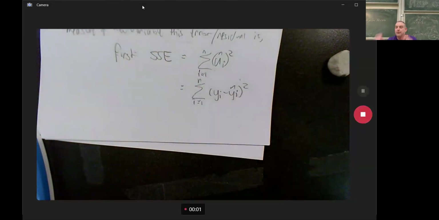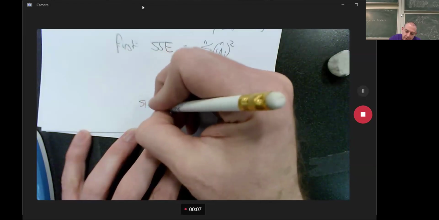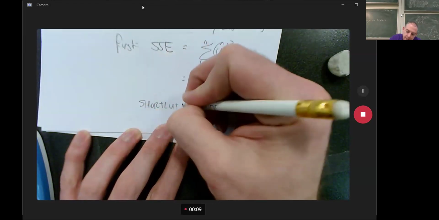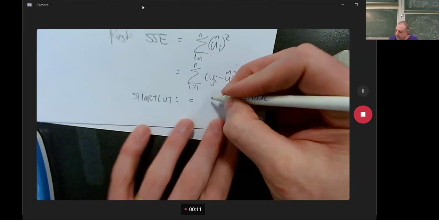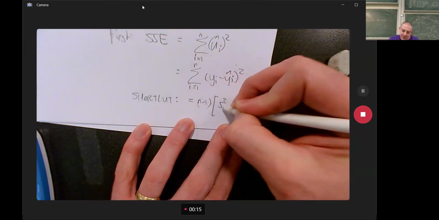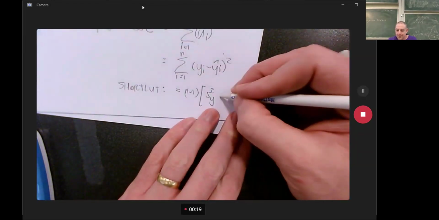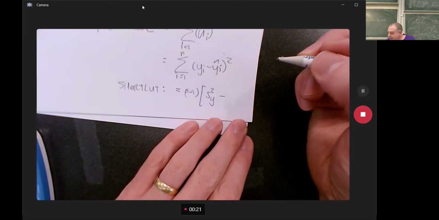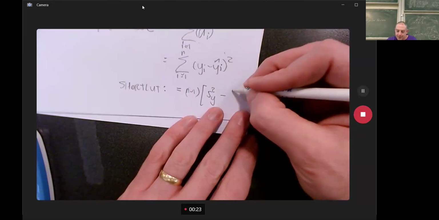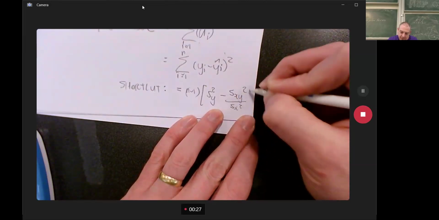And there's a shortcut formula for this in the notes. The shortcut is n minus 1 times the variance of y, minus s_xy squared over s_x squared.